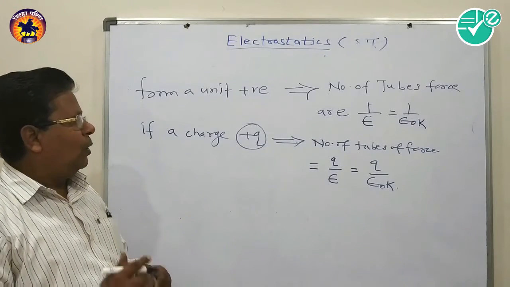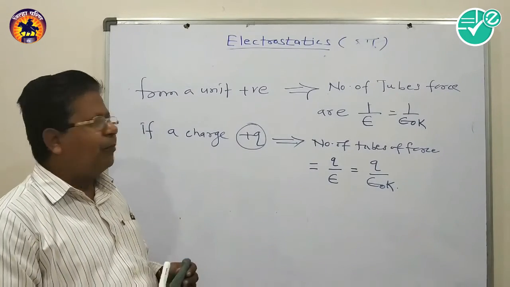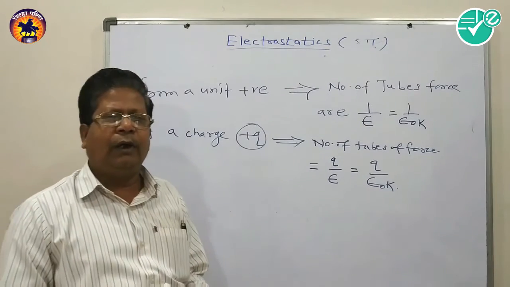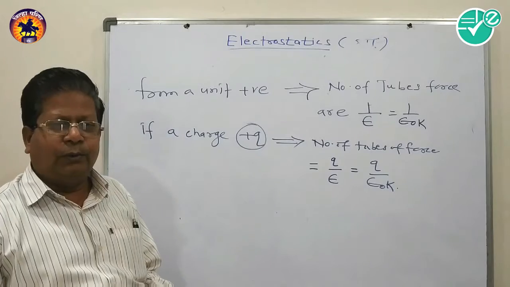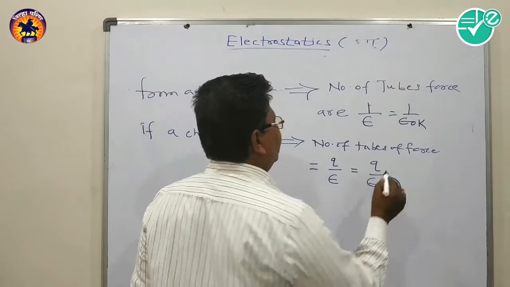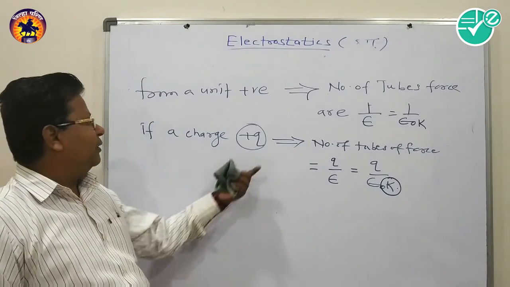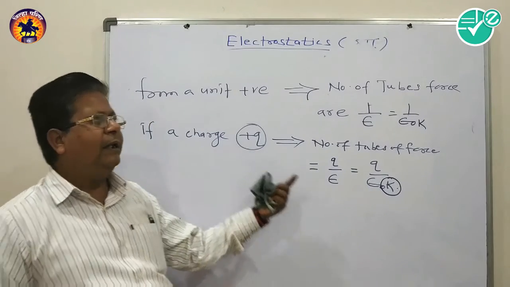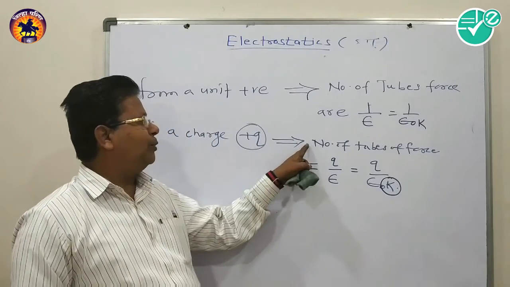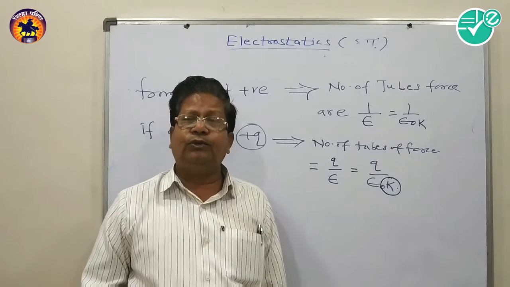So this tells how many tubes of force originate from a unit positive charge, or from the charge plus q. In this expression, we notice there is a term K, the dielectric constant of the medium. If the charge is situated in a medium and the medium is changed, then the number of tubes of force originating from the charge also changes.